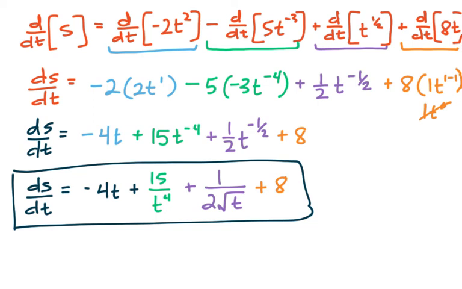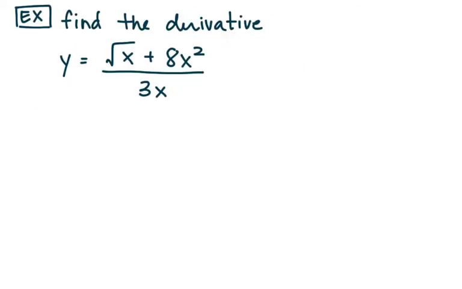All right, let's just look at one more problem where we can use algebra first to simplify. So again, we're asked to find the derivative. We have y equals this quantity, square root of x plus 8x squared, all divided by 3x.